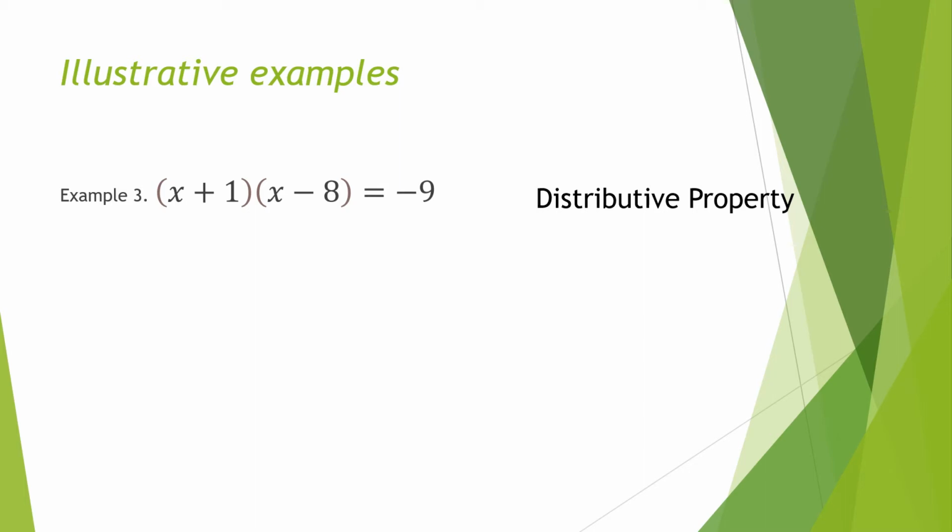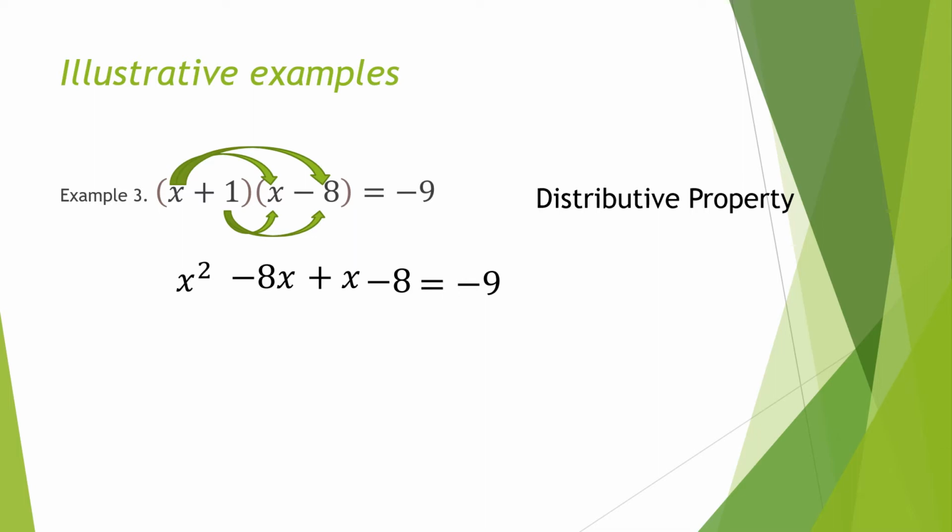So x times x is x squared, x times negative 8, negative 8x, 1 times x, that is x, 1 times negative 8, that is negative 8, is equal to negative 9.